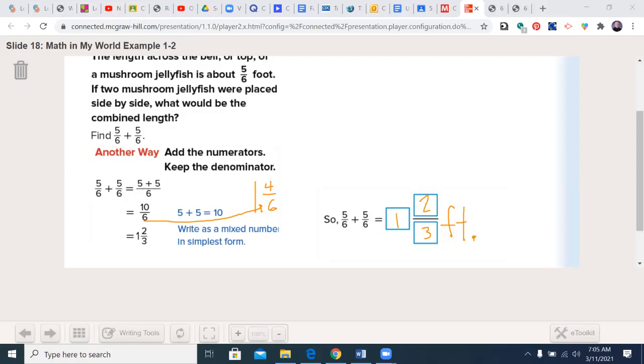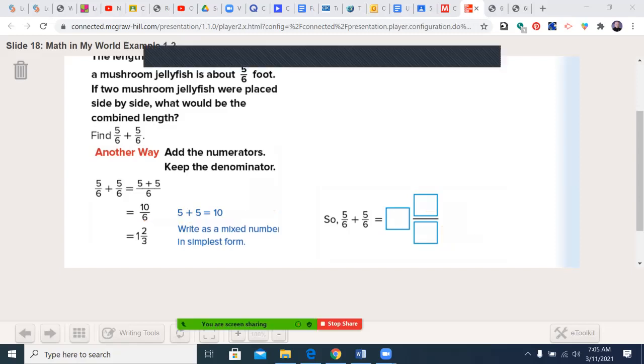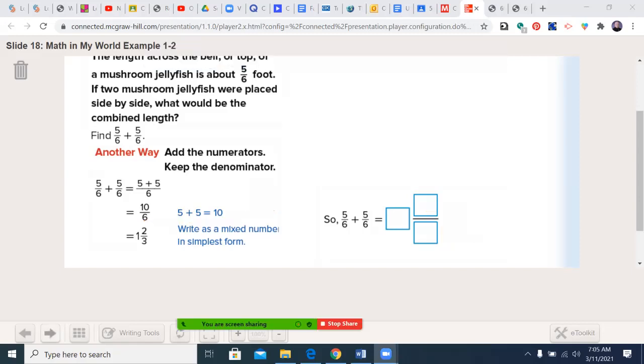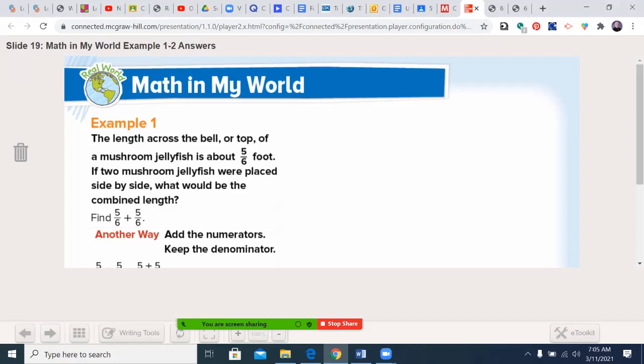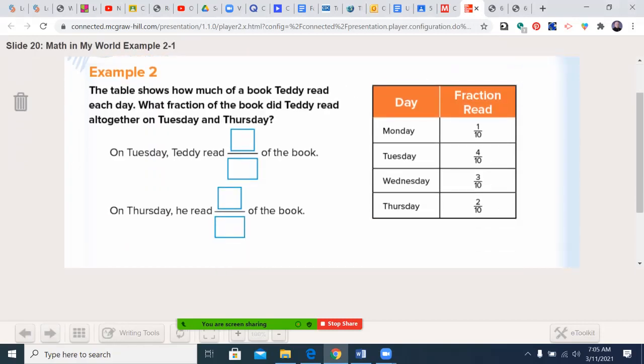All right, I'm going to go ahead and clear the drawings. And we're on example niche. The table shows how much of a book Teddy read each day. So you can see Monday 1/10, Tuesday 4/10, Wednesday 3/10, Thursday 2/10. What fraction of the book did Teddy read altogether on Tuesday and Thursday?